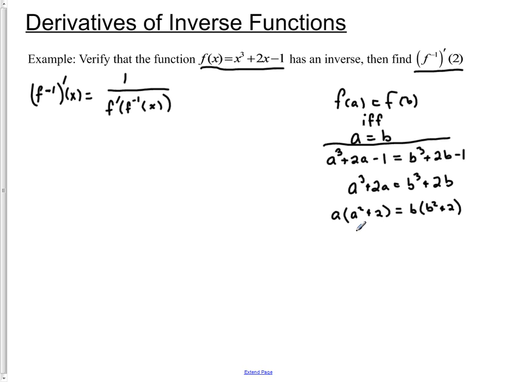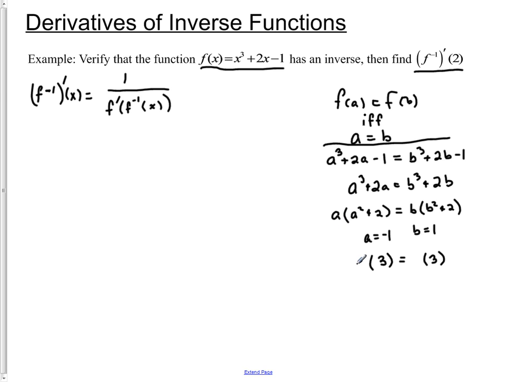I know that I could pick two different numbers for a and b, and they could be the same. Let's for example say that we chose a equals negative 1 and b equals positive 1. Well, I know that a squared plus 2 would equal 3, and b squared plus 2 would also equal 3.